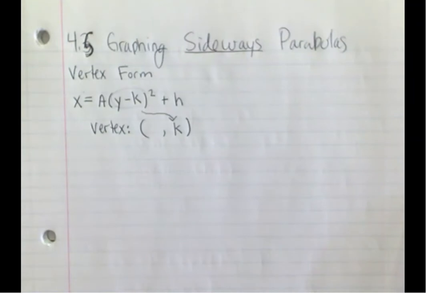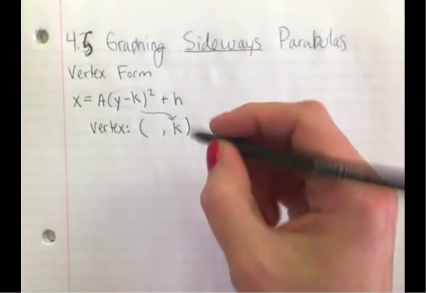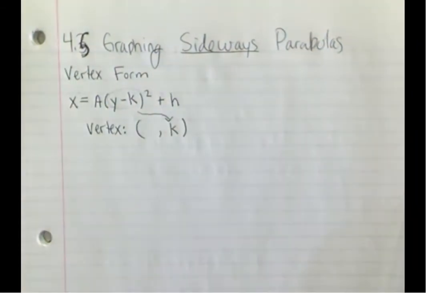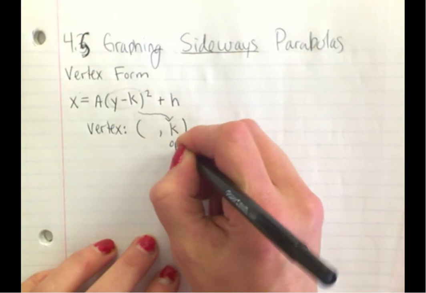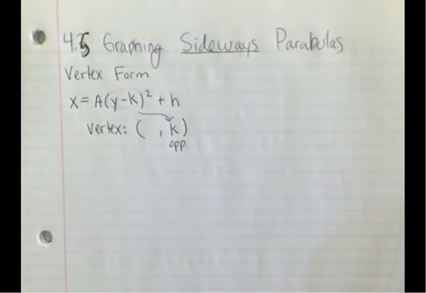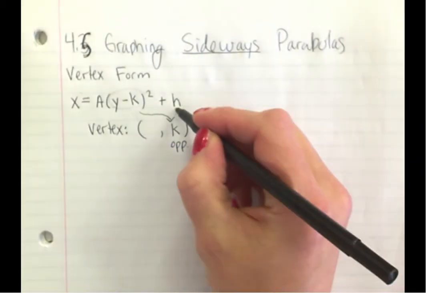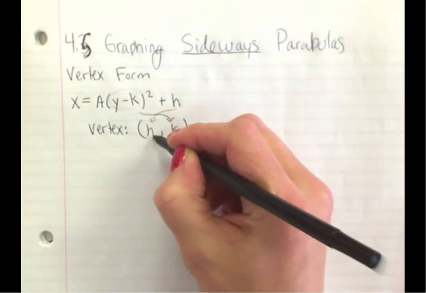I suggest you write them down. Even I still accidentally plot them backwards. Not on purpose, it just happens. Notice that it's opposite, because of the parentheses. Every time you have that parentheses in the formula, it's opposite. H is actually the X coordinate.